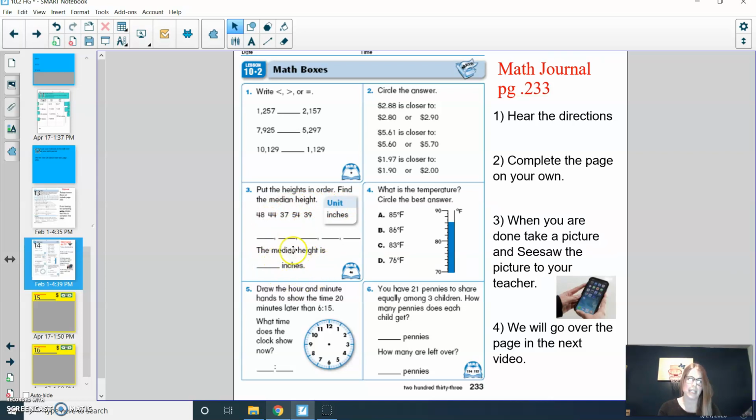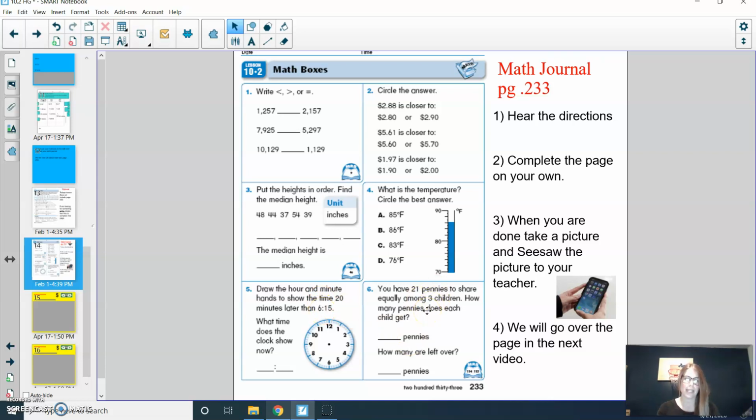Thinking about the median, also known as the middle. What is the temperature? Circle the best answer. Draw the hour and minute hands to show the time 20 minutes later than 6:15. So again, you're not showing 6:15 on the clock, but 20 minutes later than 6:15.